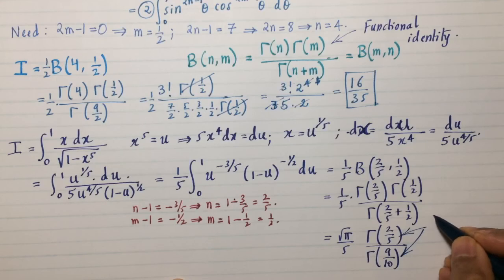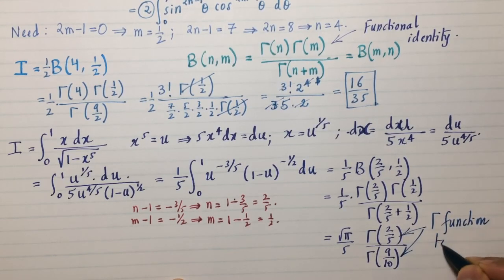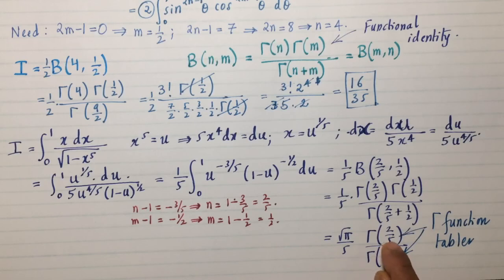So you can go to gamma function tables and look up gamma of 0.4 and gamma of 0.9, and it'll all be there, because gamma is defined for any complex number z, and gamma has been listed for almost everything, and there are huge tables in every book of mathematical physics that details in great variety the various gamma function values.